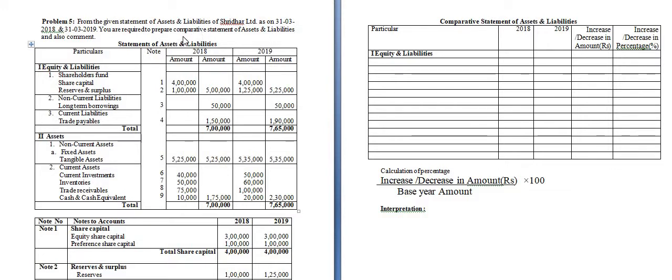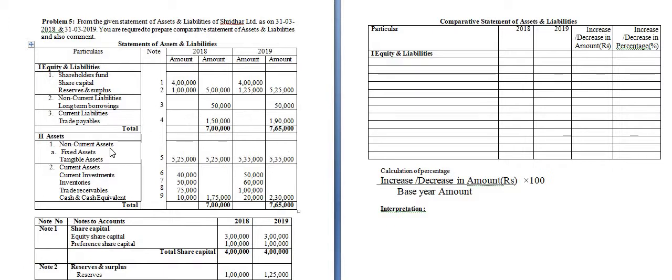Okay, and these are the statements of assets and liabilities for the year 2018 and the year 2019. In equity and liabilities we have shareholders fund, non-current liabilities and current liabilities. Total of equity and liabilities for the year 2018 is 7 lakh and for 2019 is 7 lakh 65,000.